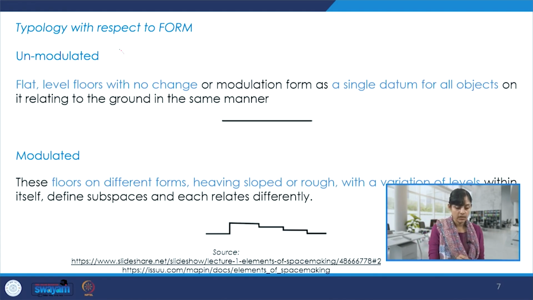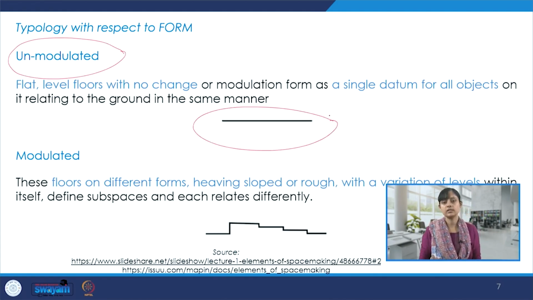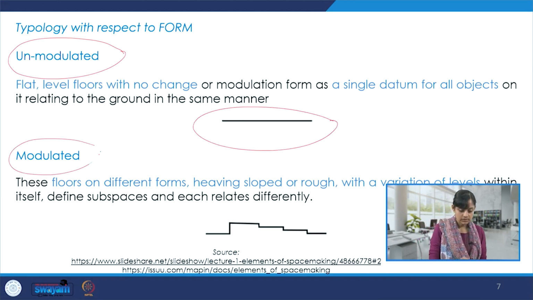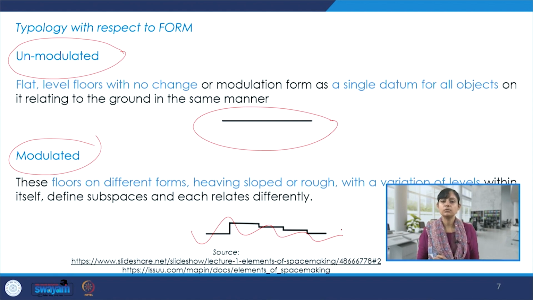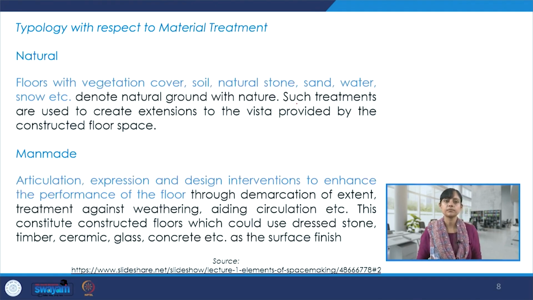And it could be an unmodulated floor surface, very linear and very consistent and uniform. It could also be something modulated where there is a play of levels. It could be something very psychedelic. It could be something very different from what we experience on a plane surface.